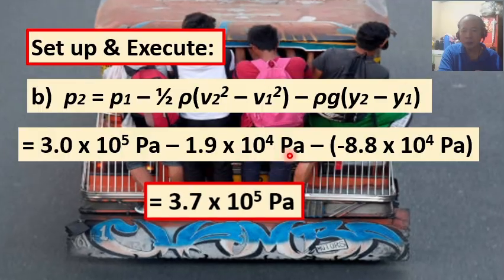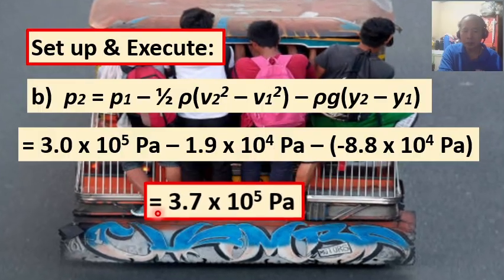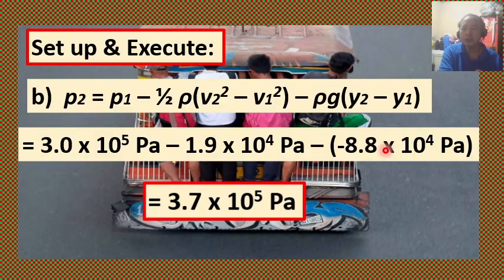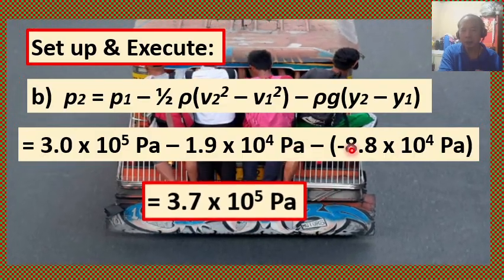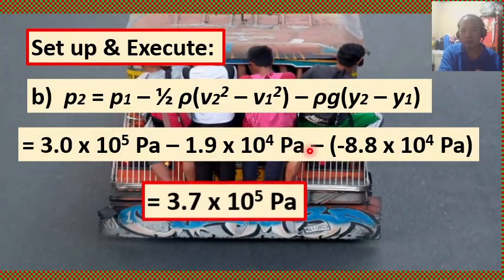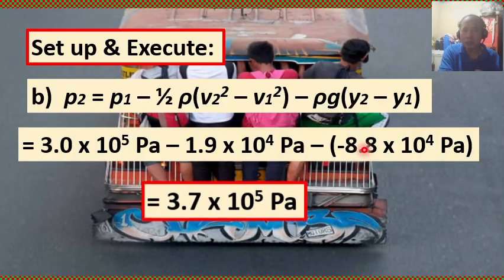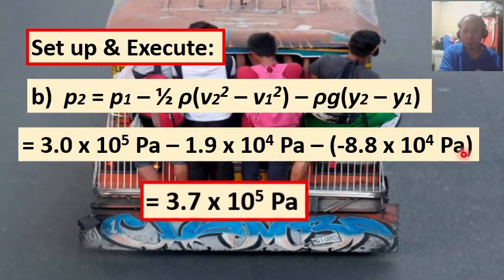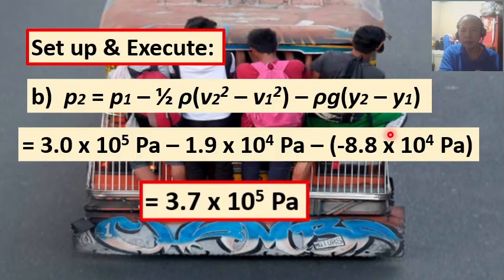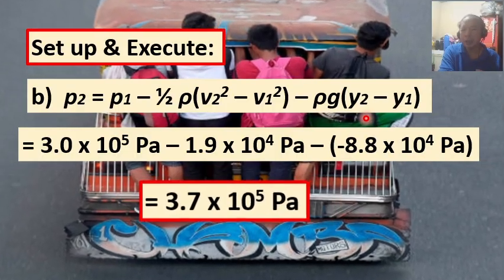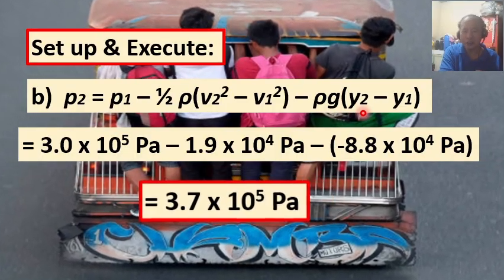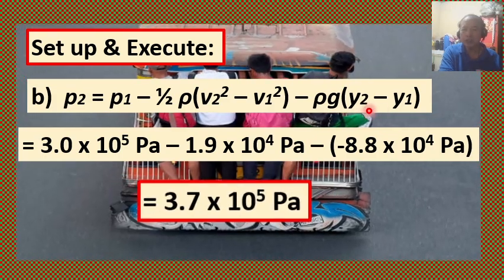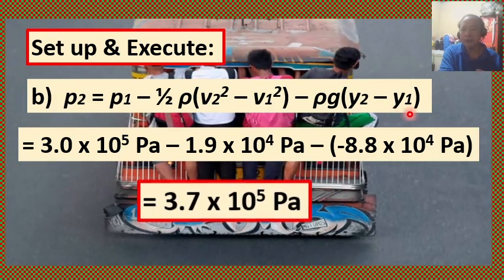Well, P2 will be greater by as much as the pressure differences brought about by the changes in the speed or kinetic energy per unit volume of the water and the change in the gravitational potential energy due to the change in the elevation.